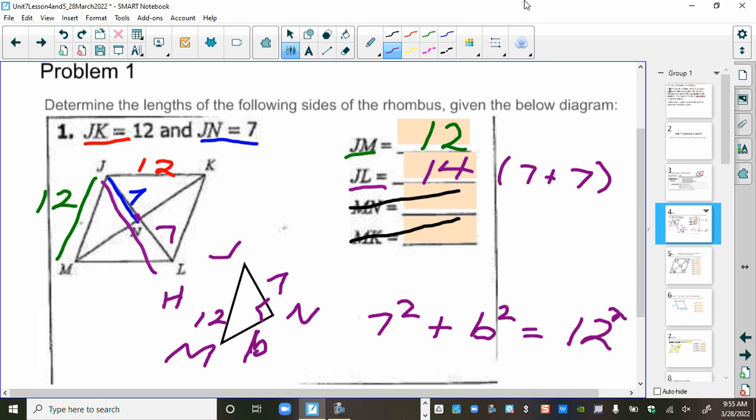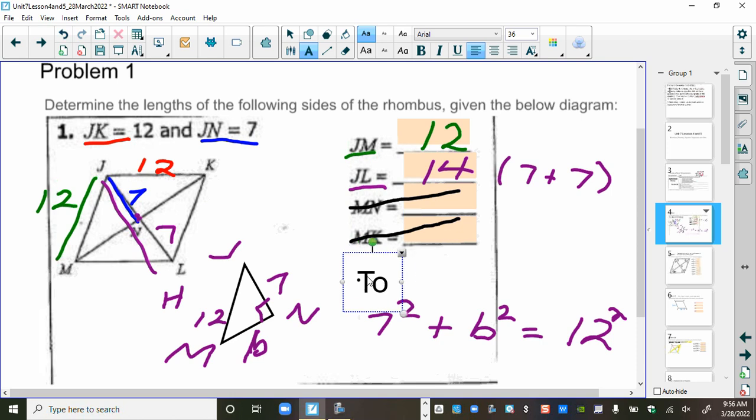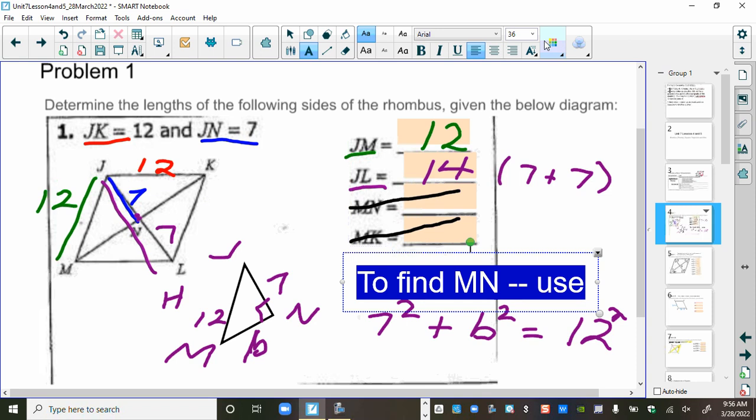So we've got to find the MN, but I'm not going to waste time. Use the Pythagorean theorem. It's just more for you.